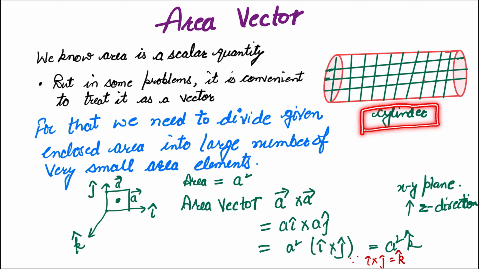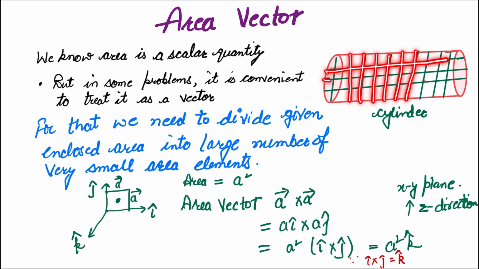We have chosen a cylinder. We have drawn many lines in this cylinder. The purpose of these lines is to divide the cylinder into small area elements. This is the first area element, then this is the second, this is the third area element, fourth, fifth and sixth. This way, we have divided the curved surface into small area elements, and all these area elements will be considered as individual planes.